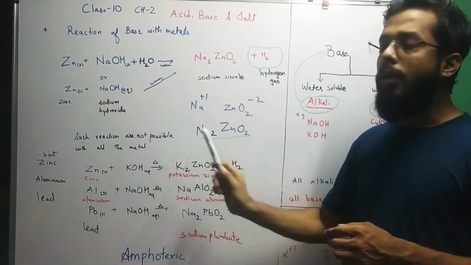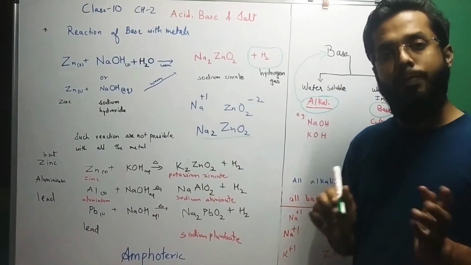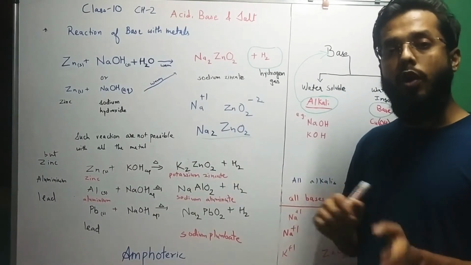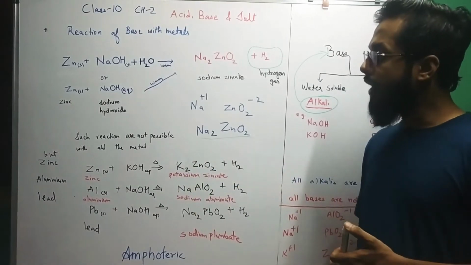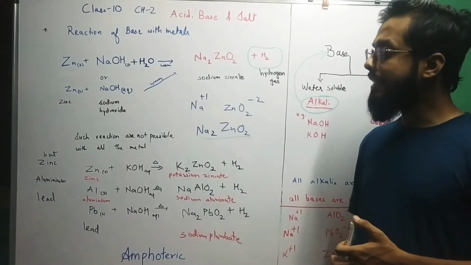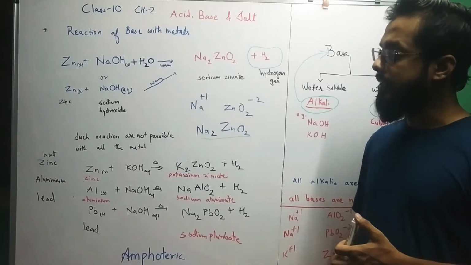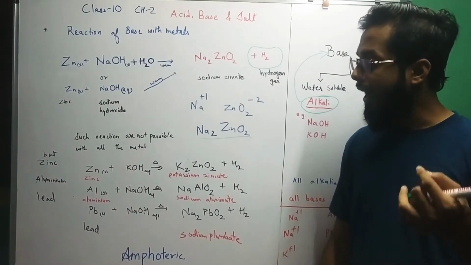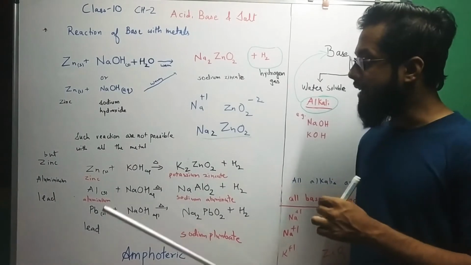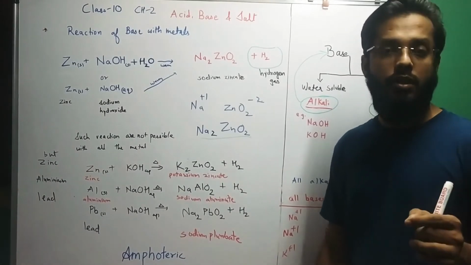Now let's talk about why we have taken zinc. Not all metals give hydrogen gas with base, or we can say alkali. All metals do not react with alkali. Only zinc, aluminum, and lead, these three metals, react with base, and they also react with acid.